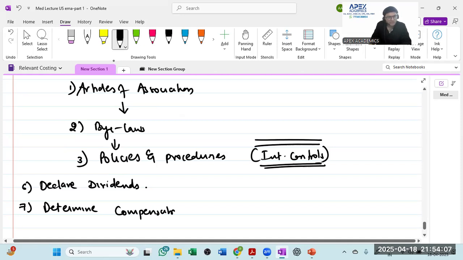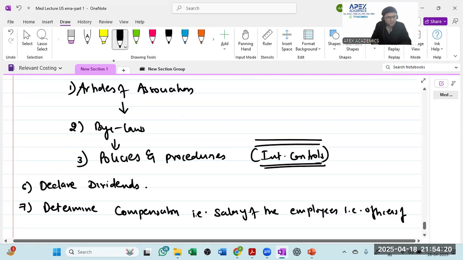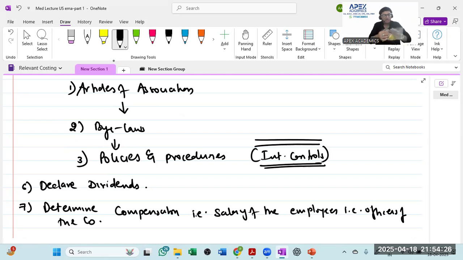They will determine the compensation, that is the salary of the officers of the company. Agreed or disagreed, my dear students? Who will decide this? The board of directors will decide this.